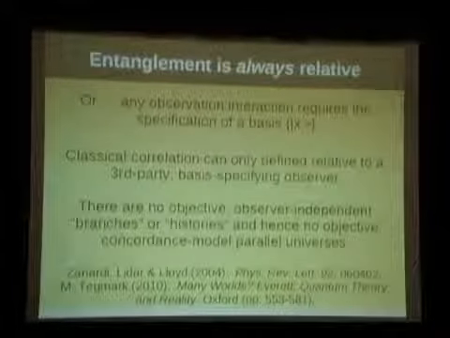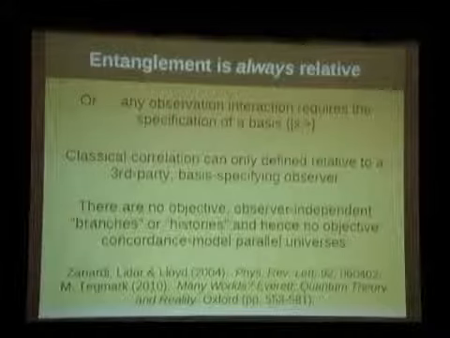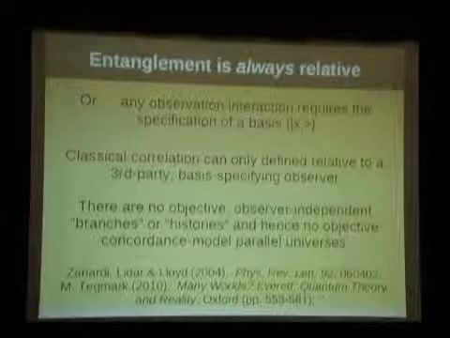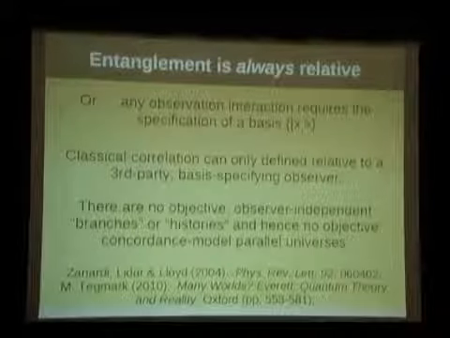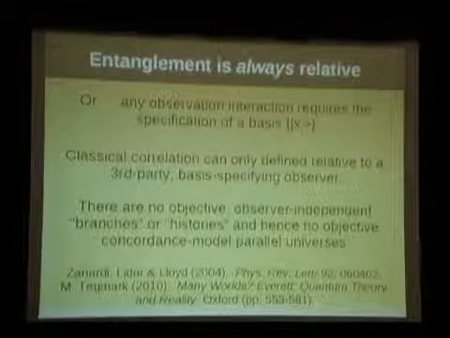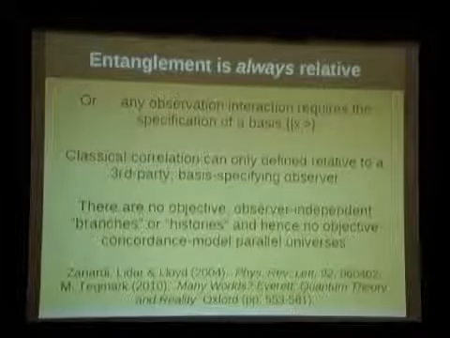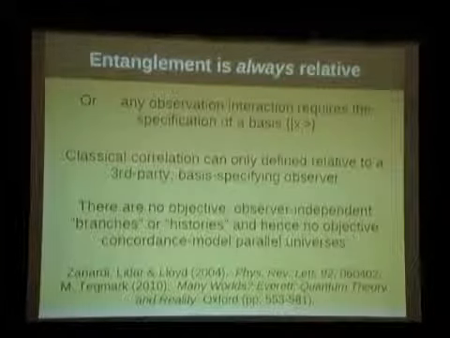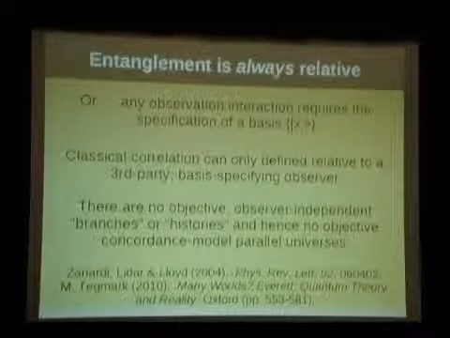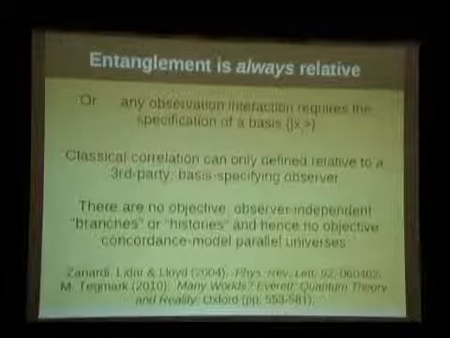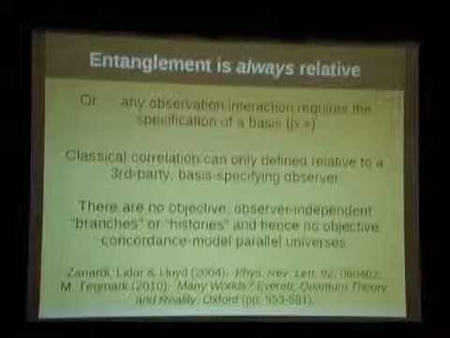And the key reference here is this work of Zanardi and his group. I've just put one paper there, but they've proven very nicely that you can describe a Hilbert space so that any pair of degrees of freedom you like, entangled, you just have to describe it right. So if a third party specifies the description, specifies the decomposition effectively, or the basis effectively, you can make anything entangled you want to.